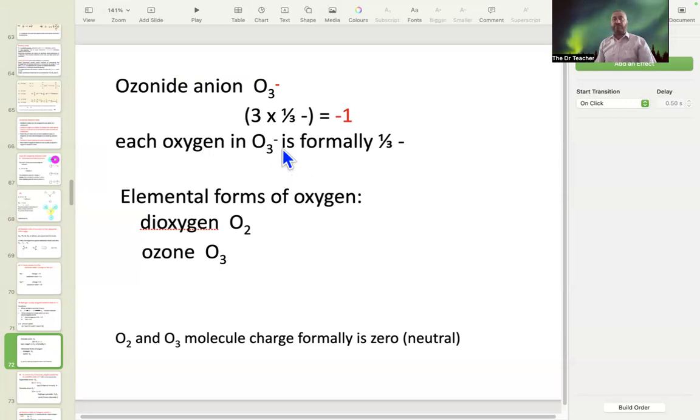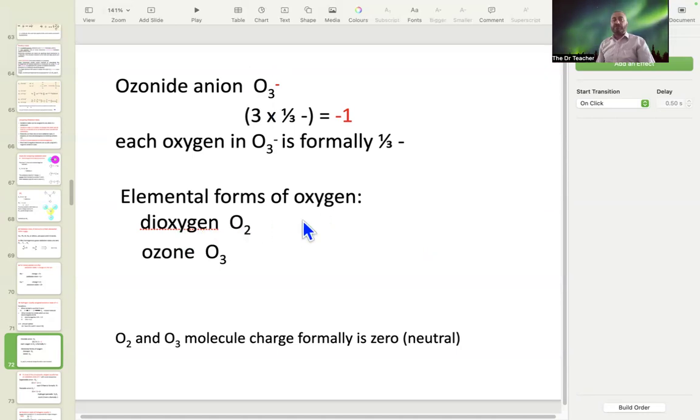They found the oxidation state for each oxygen in the ozonide ion as -1/3. It's not even a 1. So 3 oxygens times 1/3 will become -1. So the overall charge of the ozonide is -1.